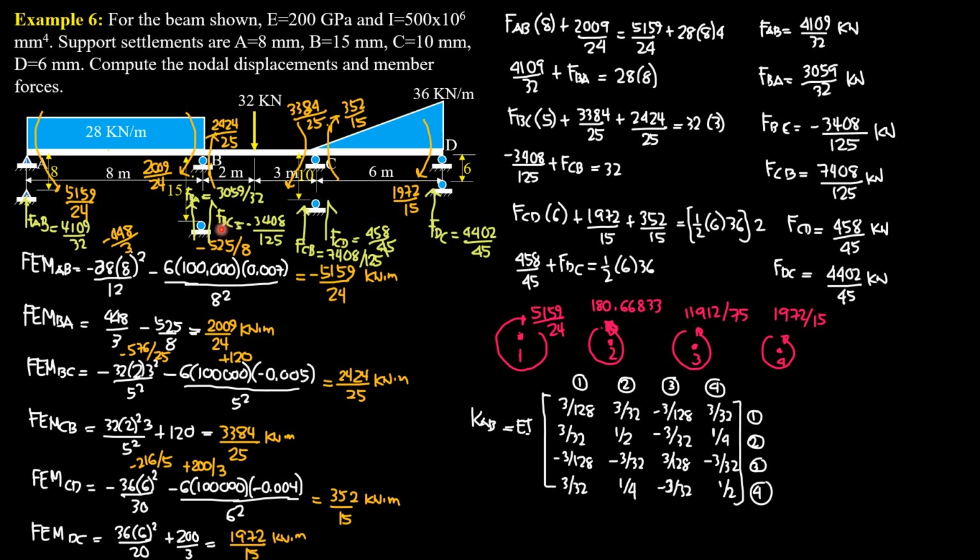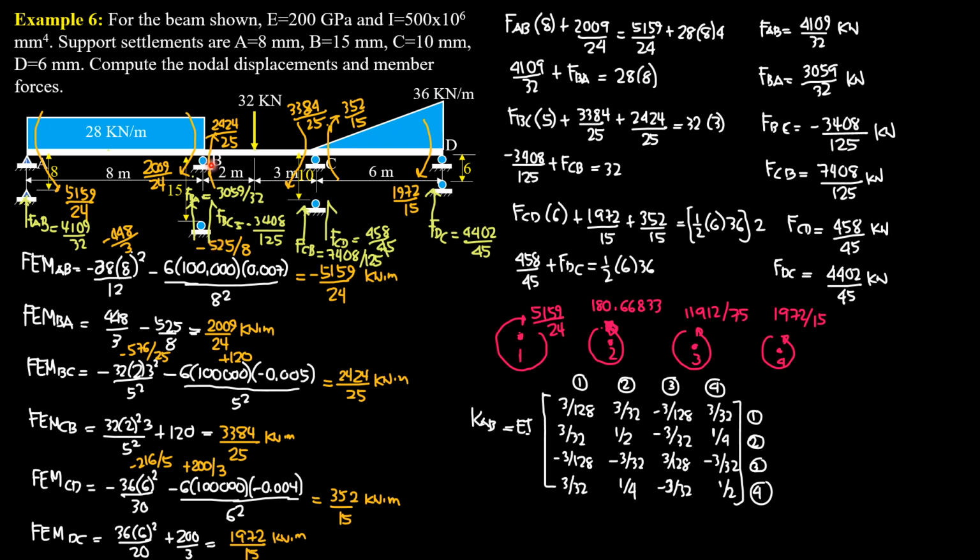Then for the fixed force BC, summation moment about C equals 0. So assuming upward, FBC times 5 plus 3384 over 25. Then since this is also clockwise, plus 2424 over 25, equals moment of the load 32 times 3. So solving for FBC, it is negative 3408 over 125.